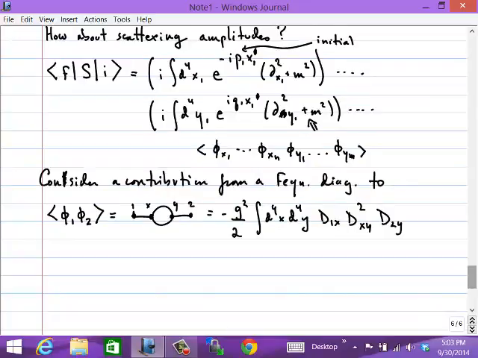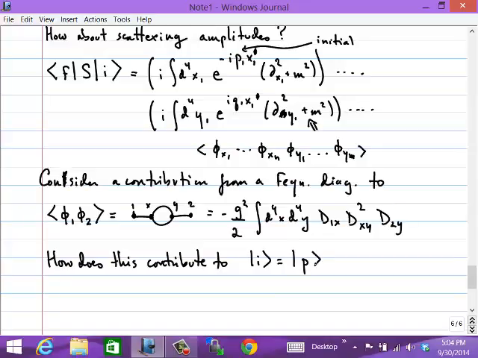And the question then is, how does this contribute to the scattering amplitude, where the initial state is just a state with one particle of momentum p, and the final state is a state with one particle of momentum q. Okay.